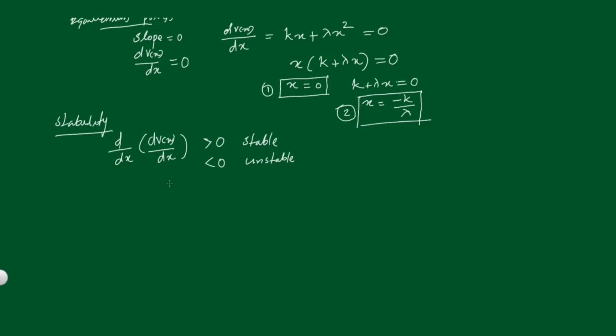Here we know dV/dx equals kx plus lambda x square. So we have to take one more derivative with respect to x.